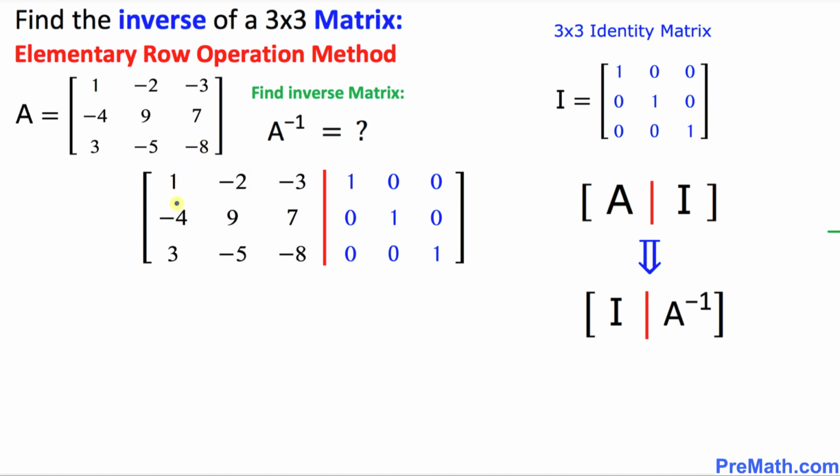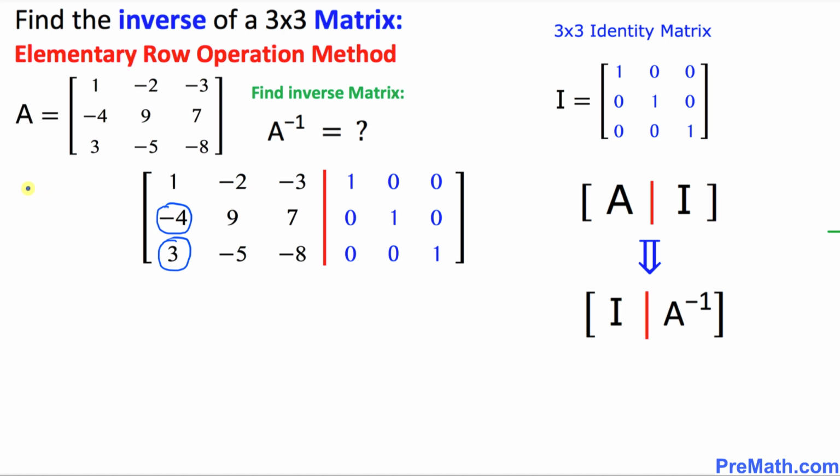The very first thing, if we look at this augmented matrix, look at this -4 and 3. I put a circle on these. Wherever I put a circle, that means I'm going to make it a 0. So we want to make these -4 and 3 a 0 in rows 2 and 3.